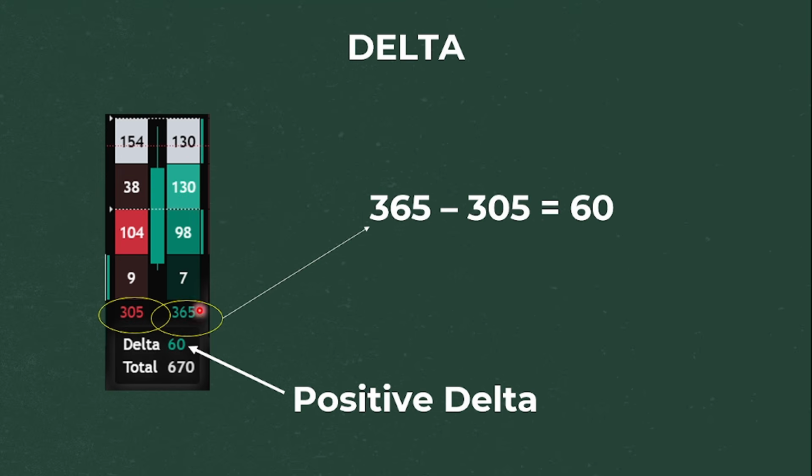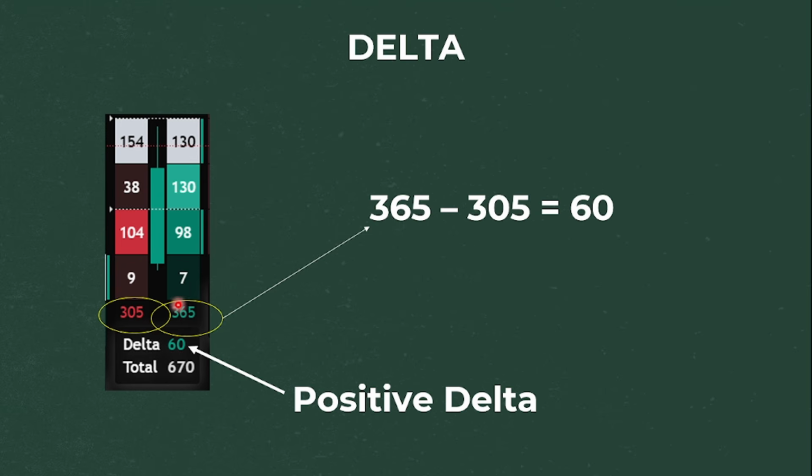And the opposite, it's the positive delta. How do we get it? It's the buy volume here at the ask side. These are buy market orders from the aggressive participants, which are filled by the sell limit orders at the higher prices, and the sell market orders from the aggressive sellers are filled by buy limit orders at the lower prices.